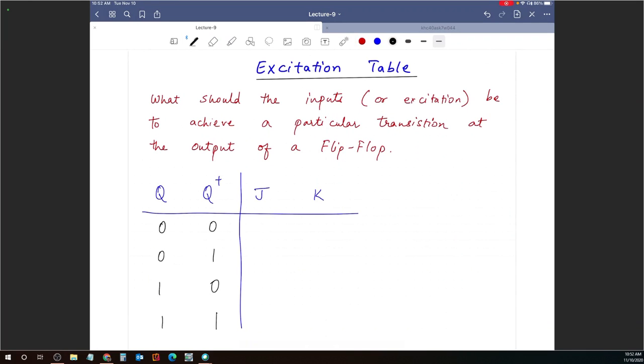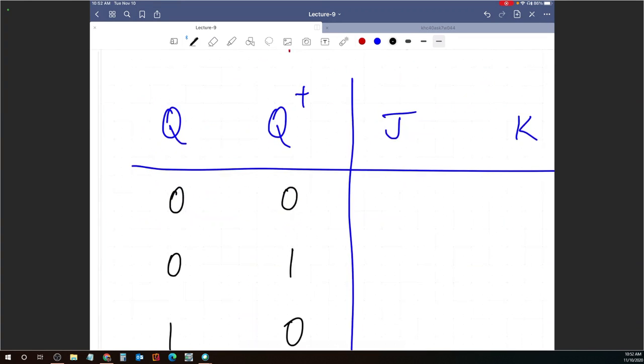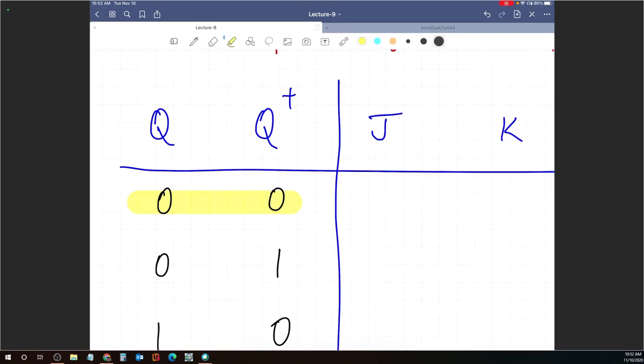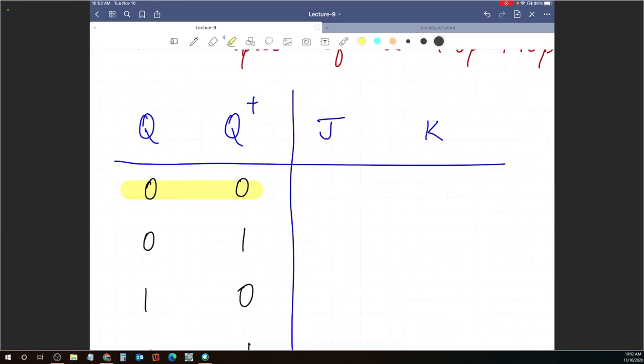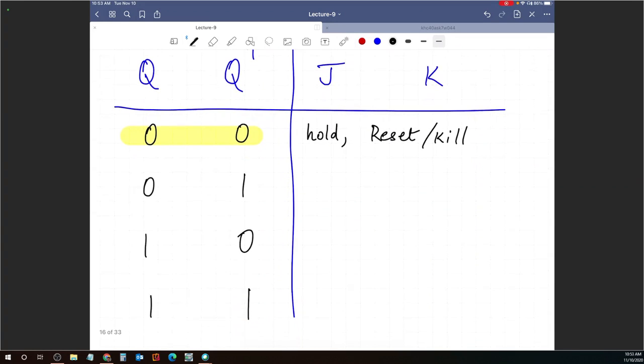So let's start with the simple 0, 0 case. Can you guys tell me, in order to get this particular transition 0 to 0, earlier it was 0, next it needs to be 0. You can tell me in terms of states. So hold is 1. What is the other? Reset. Perfect. Let us use kill. All right, sure. Kill. Okay. All right, let's go down now. 0 to 1. What is next?